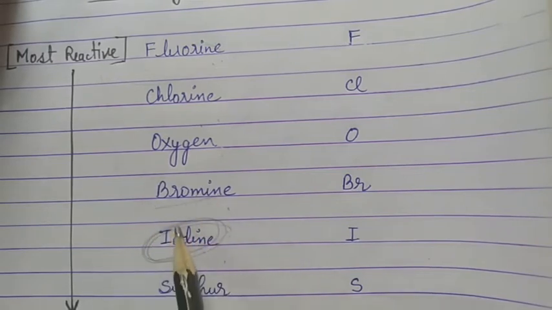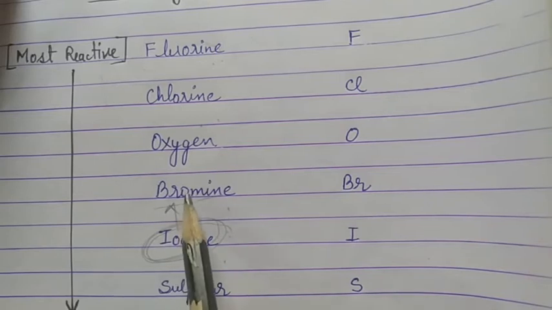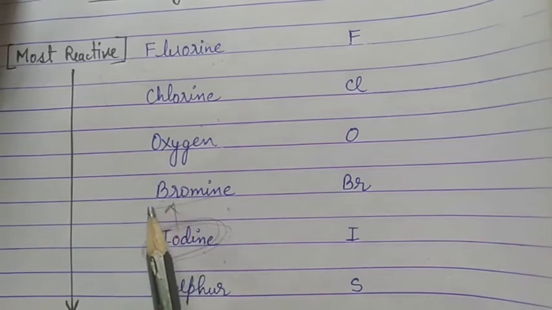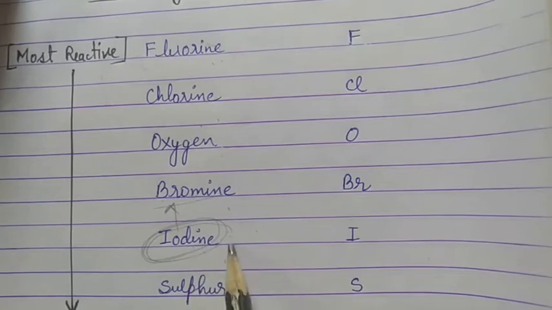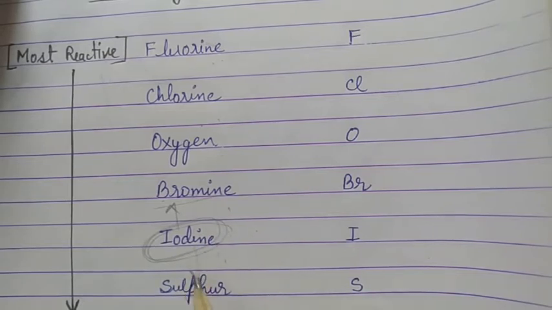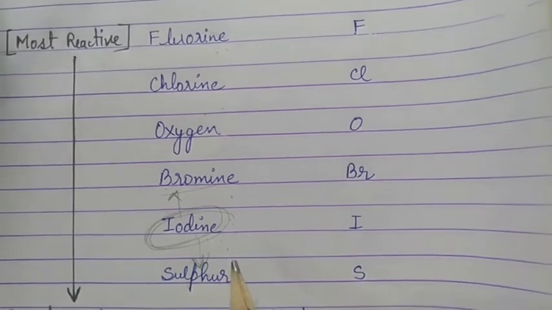Because bromine is on top of iodine, bromine will remove the iodine from its salt solution and form a bond with the salt, because bromine is more reactive than iodine. And if I add sulfur to the iodine solution, since sulfur is placed below, it is less reactive than iodine, so the reaction won't take place. I think now it's understood to everyone.